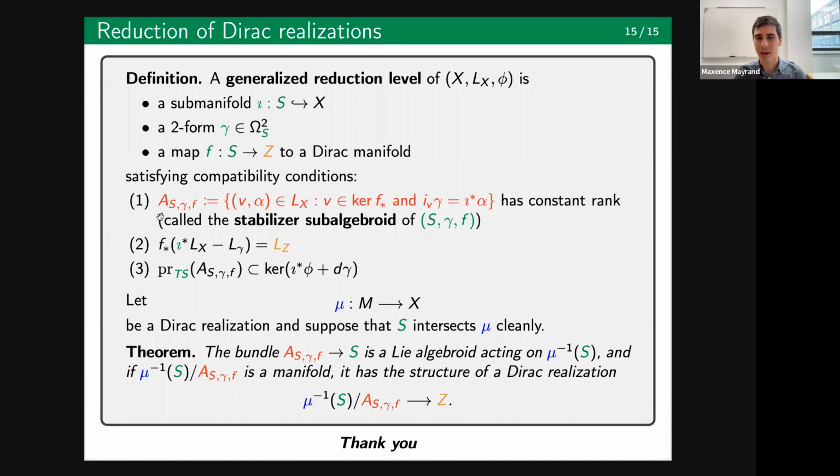I mentioned SL3C, the unipotent conjugacy class. In the additive case, it's the standard representation of SL2C tensored with itself 3 times. I don't know if you have an idea what would be the multiplicative version of that. That would be interesting.